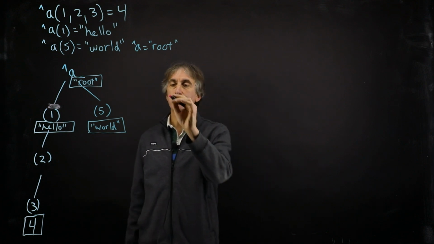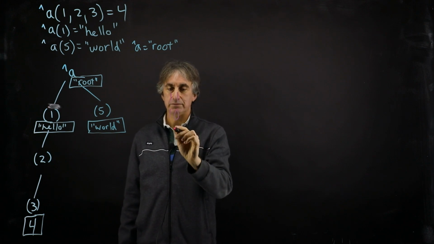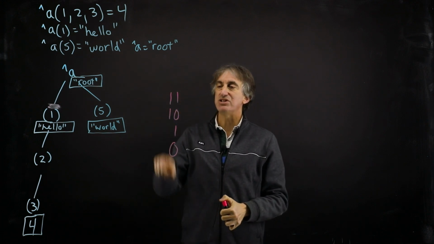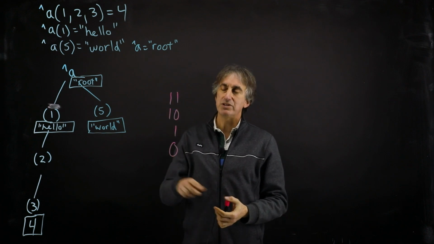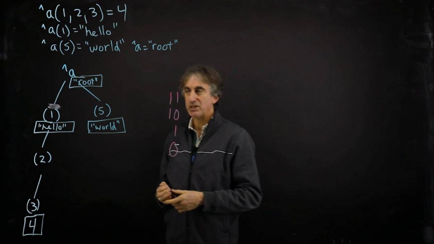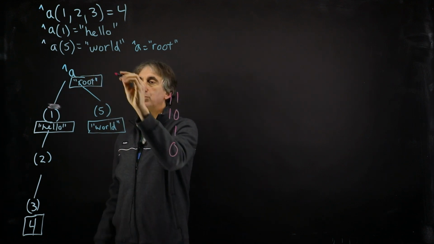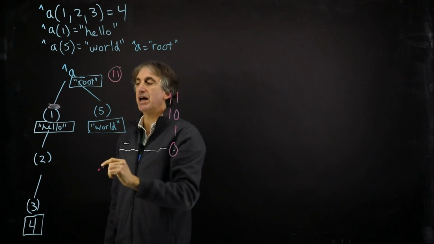And it does that by returning values 11, 10, 1, and 0. If the 10's digit is equal to 1, it means there are descendants. If the 1's digit is equal to 1, it means there's a value stored there. So if we called isDefined on the root, it would return an 11, meaning there are descendants and there's a value.